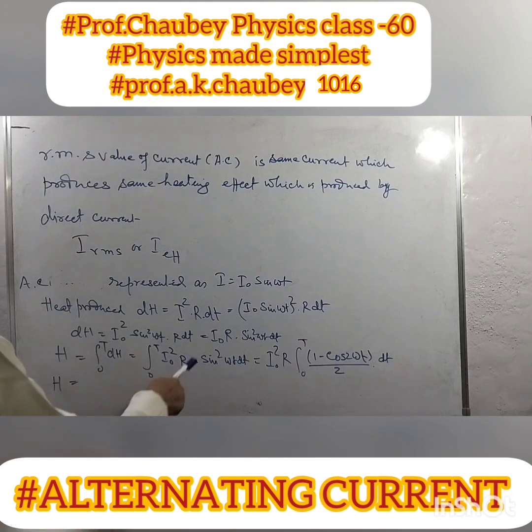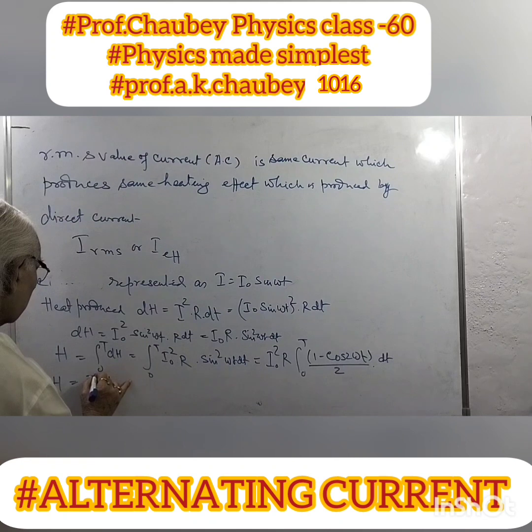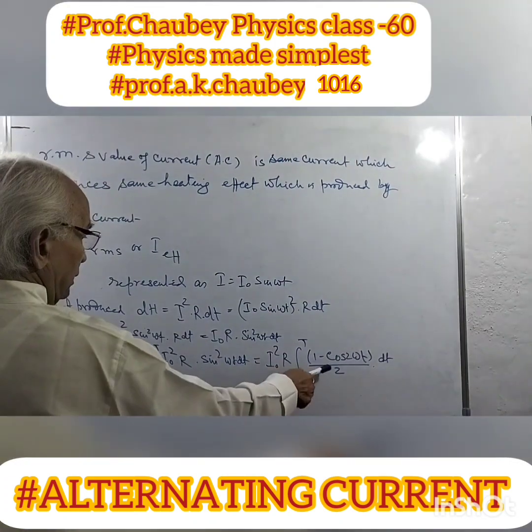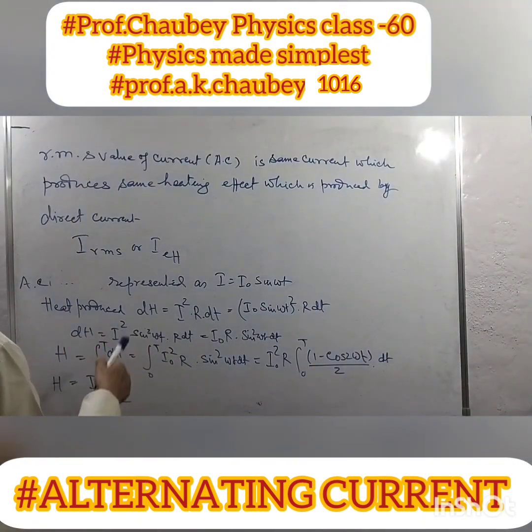Finally, you integrate, put the limits, and you will get H equal to I naught square R T over 2.